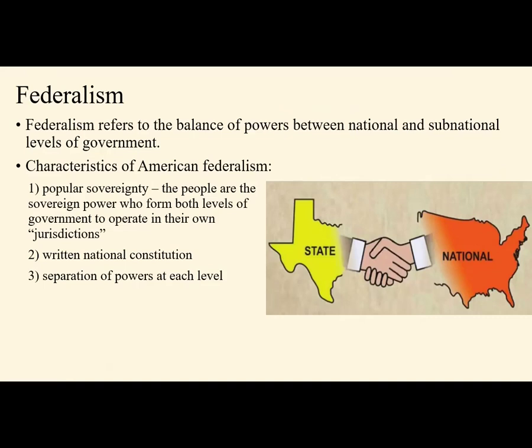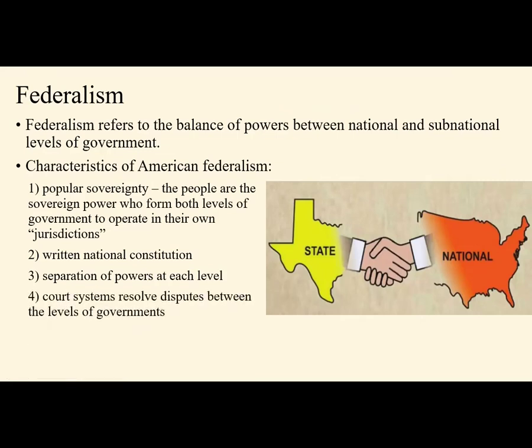There is a legislative, executive, and judicial branch at the state level. You have a state legislature. The state of South Carolina has its own legislature. You have a state executive power, whom we call the governor or the office of the governor. And then you have a judicial branch. You have state courts.